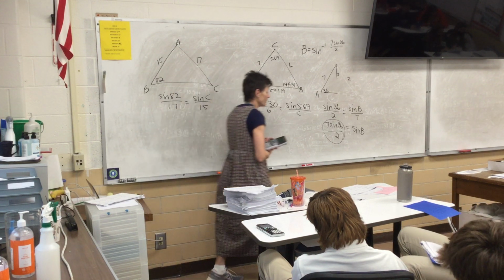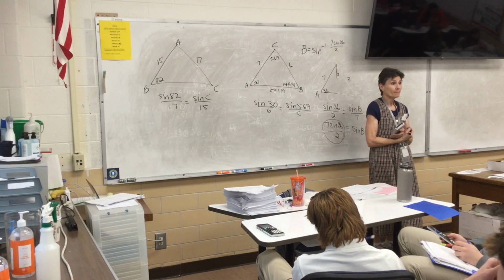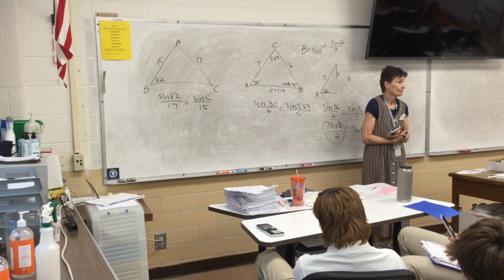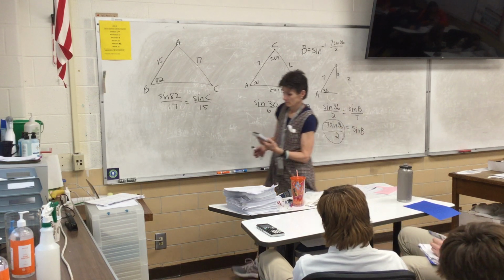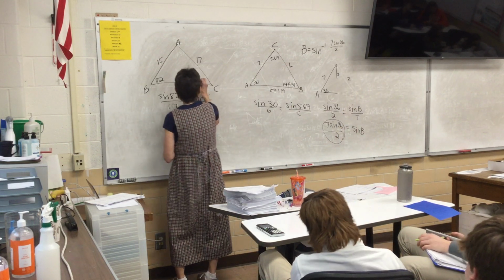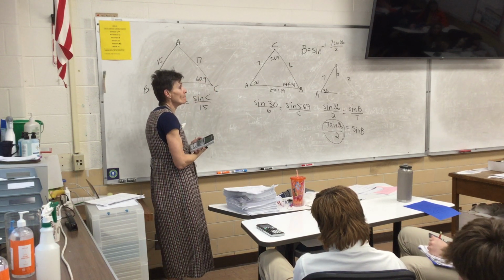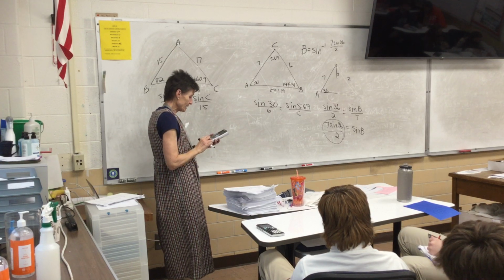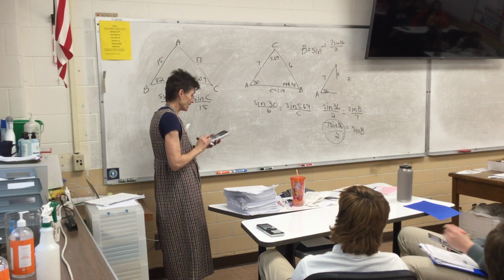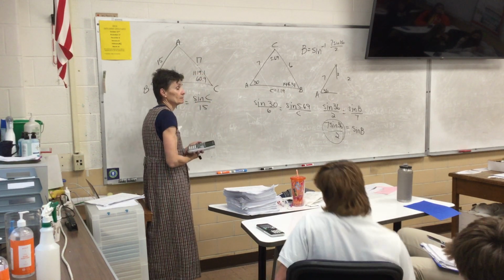One of two things is going to happen. You're going to get an answer or not. Did we get an answer this time? What is it? 60.9? Right? So then you immediately think, okay, the second angle, if there is a second angle, would be 119.1.